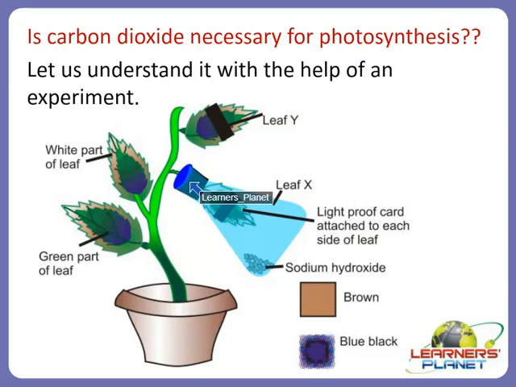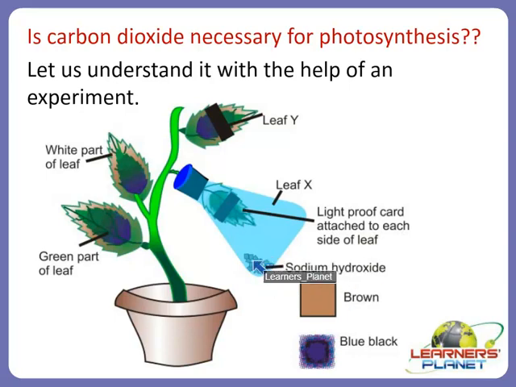So how will we carry out this experiment? Yes, first of all we will keep the potted plant inside a dark room for a few hours where there will be no sunlight, right? So we will keep the potted plant where there will be no sunlight, but we have to keep watering it.